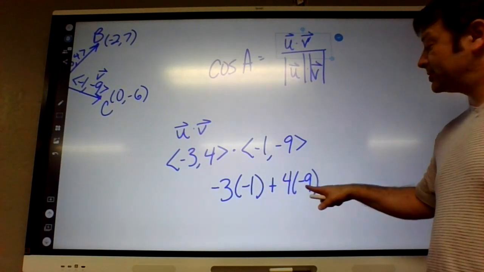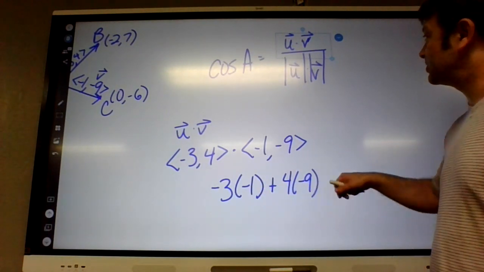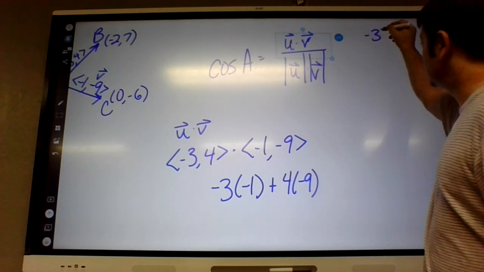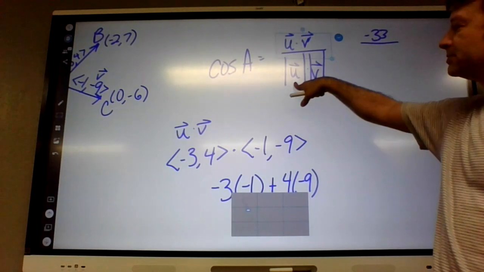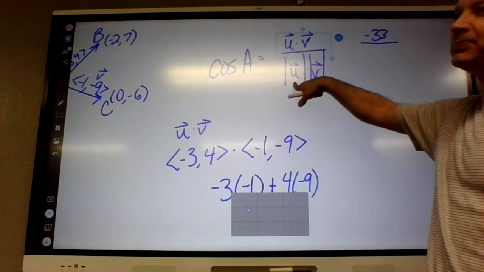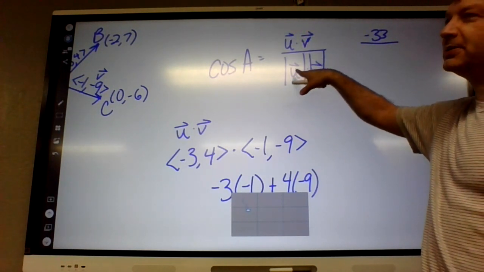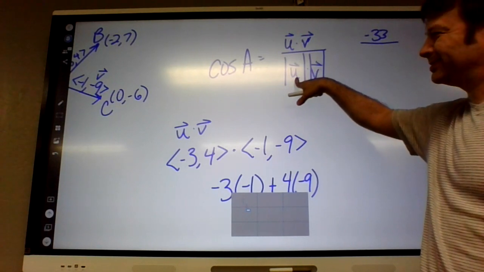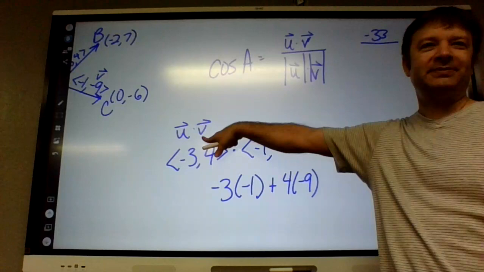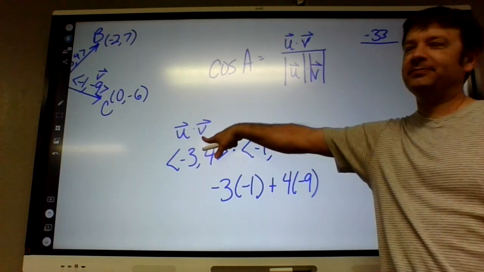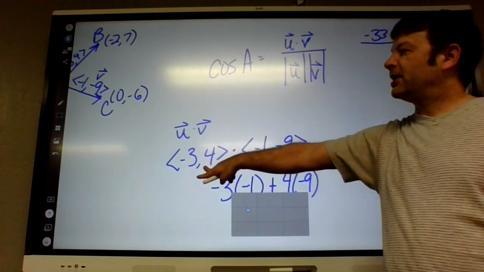This is 3 minus 36, so it's negative 33. Anybody get this part? I'm afraid to ask. Nobody? It's the magnitude.